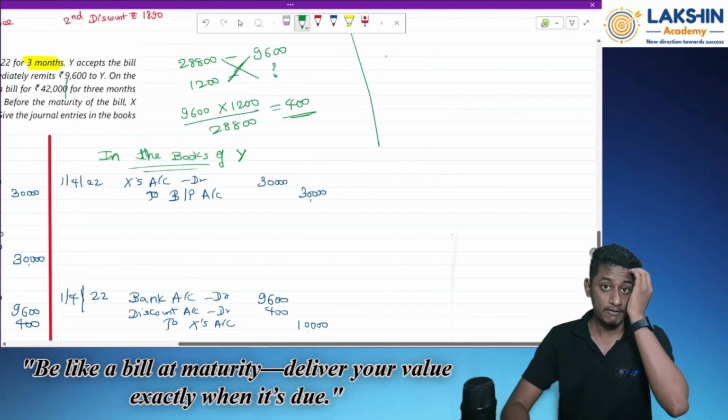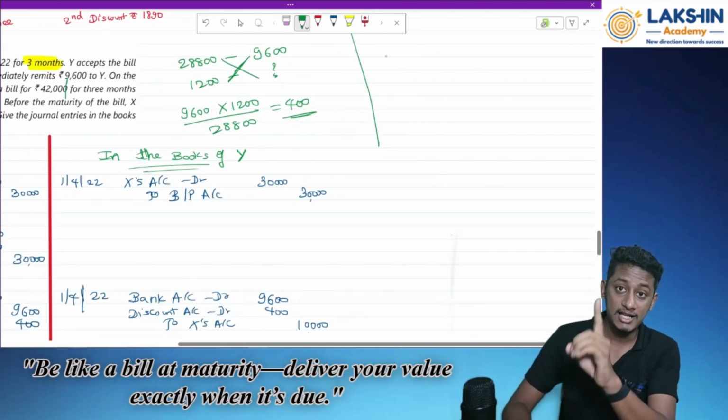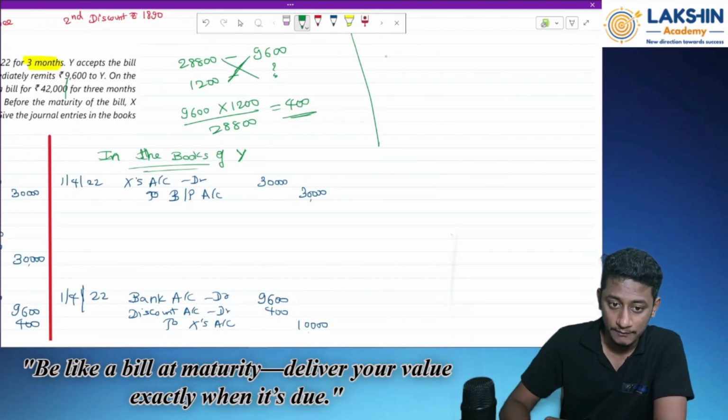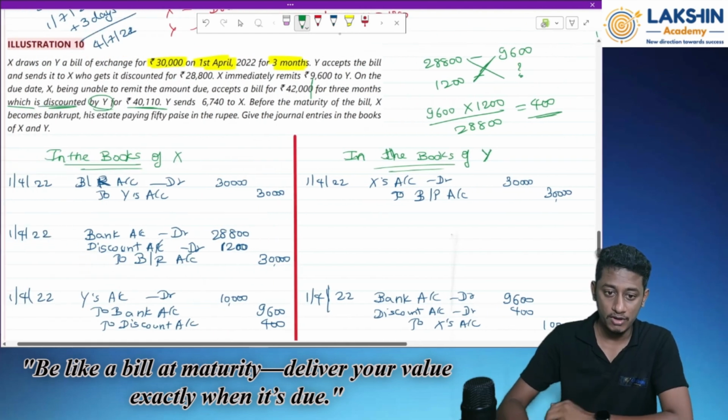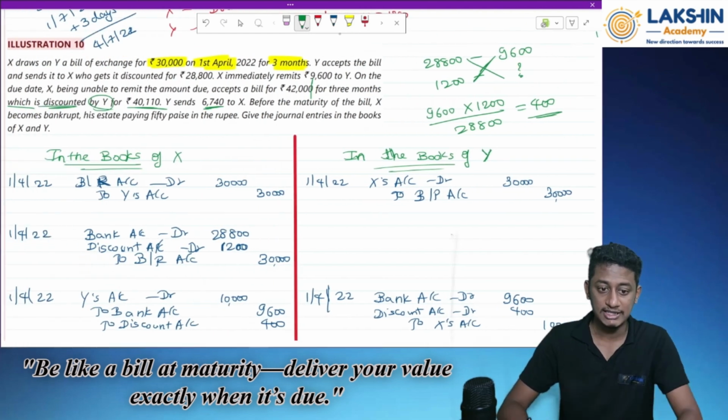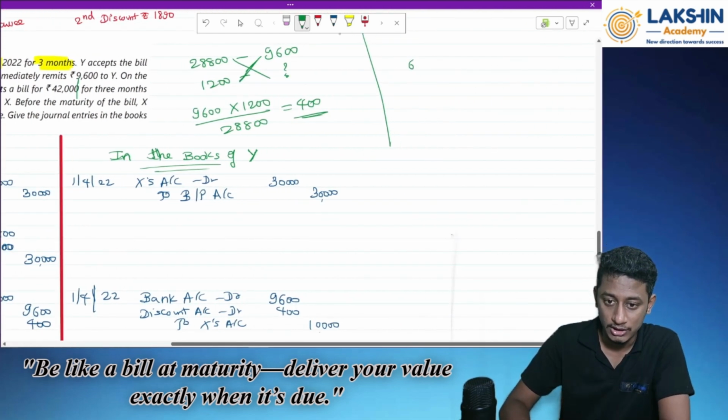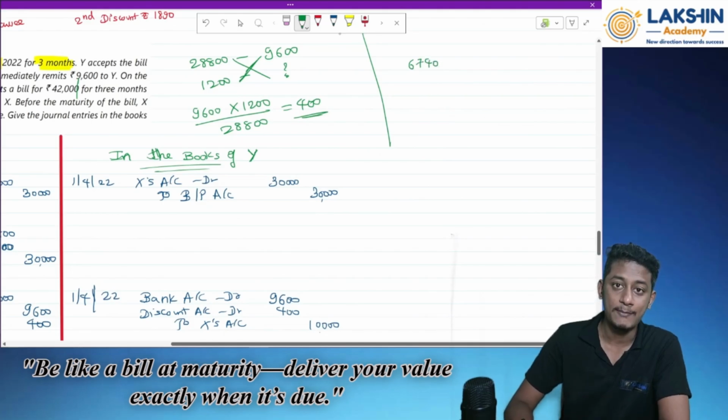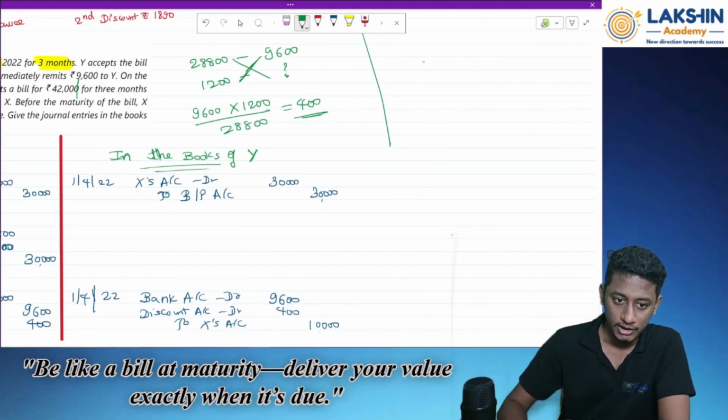Now have a look at the transaction carefully. See, first of all, what was the amount transferred? 6,740 is the amount transferred. How much was received through the bank? 40,110 was received through the bank, right?